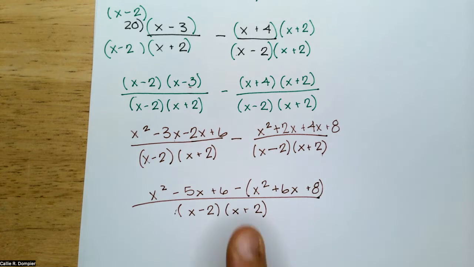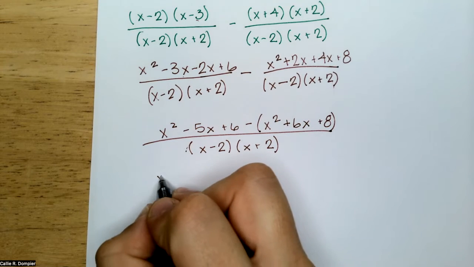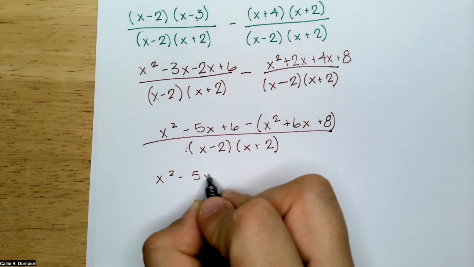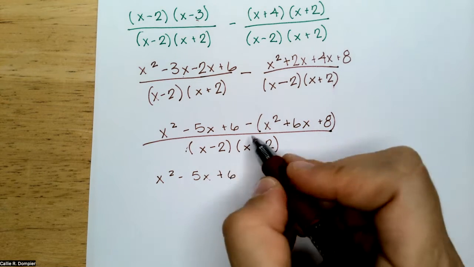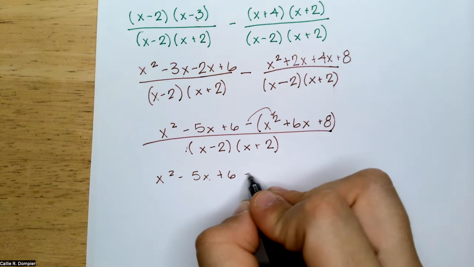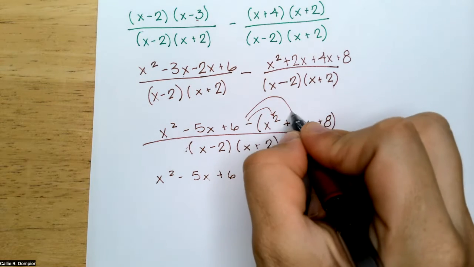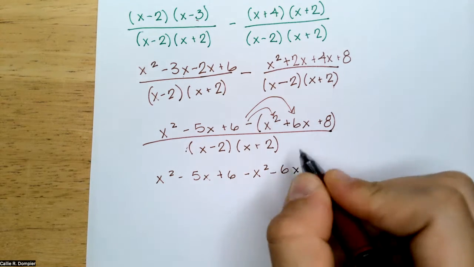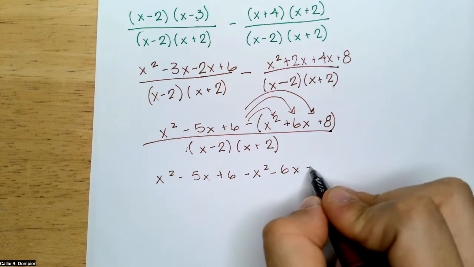So again, I'm distributing that negative, so that actually becomes x squared minus 5x plus 6 minus x squared minus 6x minus 8.